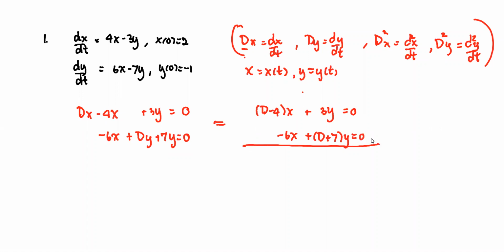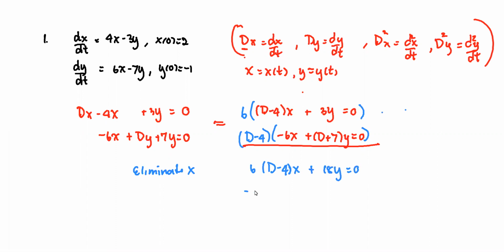Next we are going to eliminate one of the dependent variables, the variable x. To eliminate x, we make the coefficients the same but opposite in sign. So multiply the first equation by positive 6 and multiply the second equation by the operator D minus 4 to get 6(D minus 4) of x plus 18y equals 0.